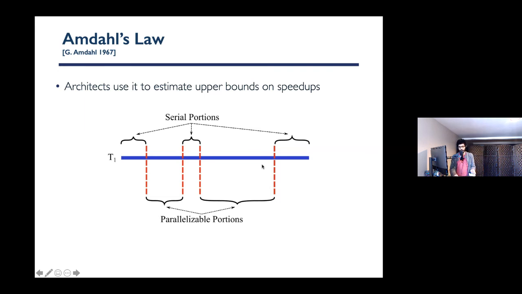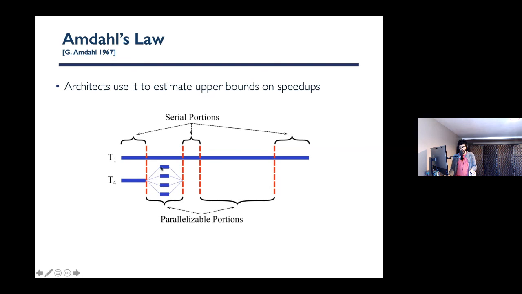Now, if I give you 4 processors, for the portion of time that was serial, even if you have 4 processors, it's going to take the same amount of time because it's serialized. So 3 processors are not going to do anything. One of them is going to run, and this is how long it's going to take.